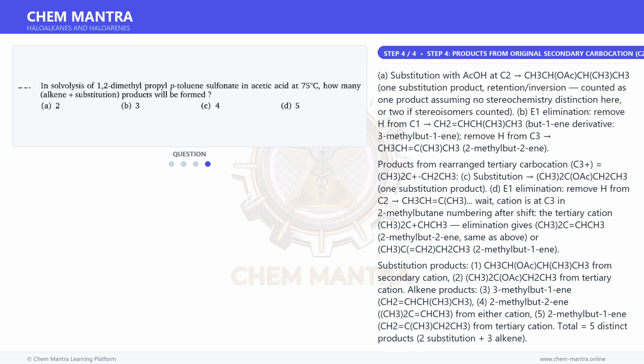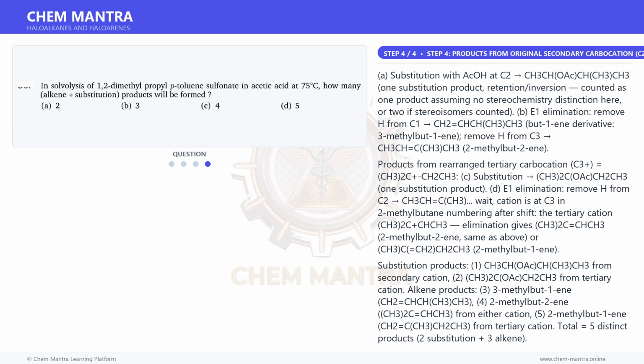Alkene products: 3, 3-methylbut-1-ene, CH2=CHCH(CH3)CH3; 4, 2-methylbut-2-ene, CH3C(CH3)=CHCH3, from either cation; 5, 2-methylbut-1-ene, CH2=C(CH3)CH2CH3, from the tertiary cation. Total is 5 distinct products, 2 substitution plus 3 alkene.